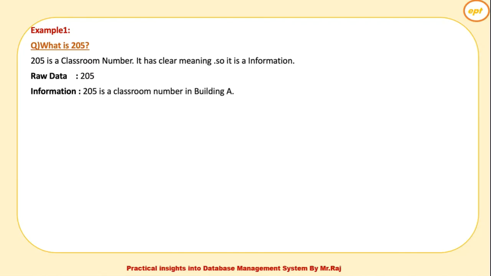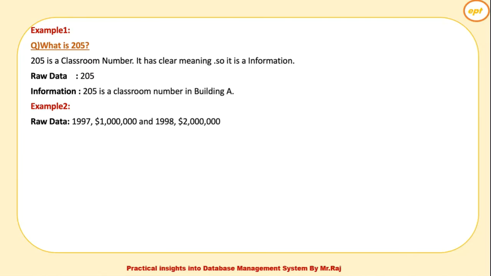Let us move to the next example. Now I have some raw data, and you tell me the information with respect to it: 1997, 1 million, and 1998, 2 million. Tell me the information related to this.